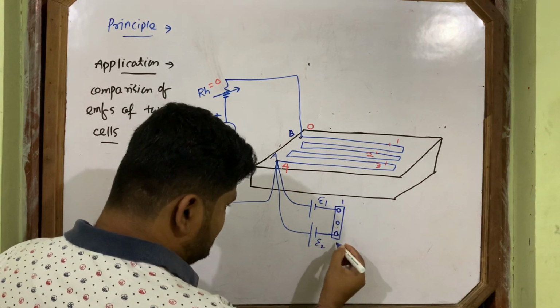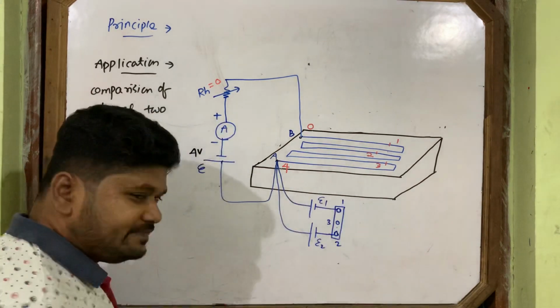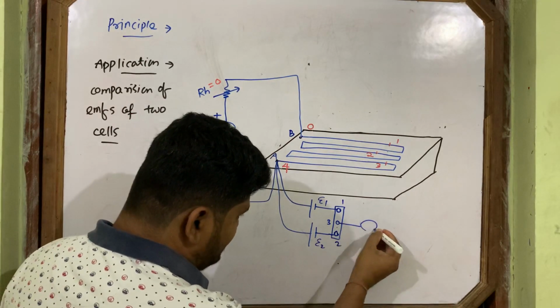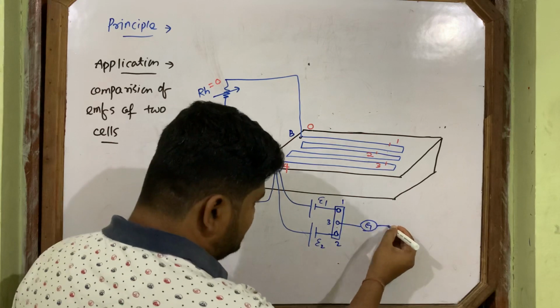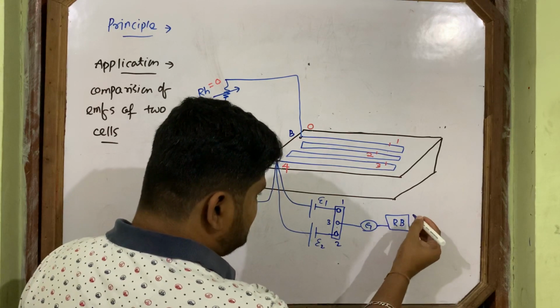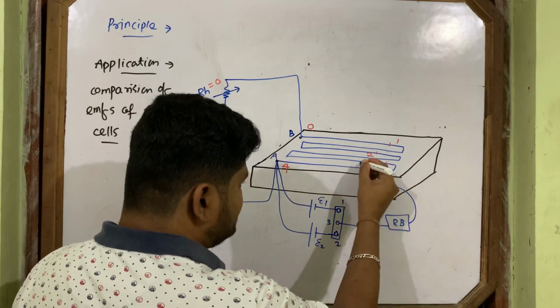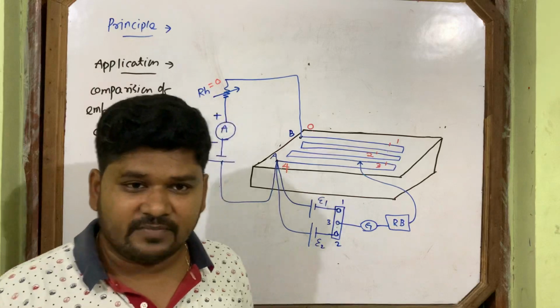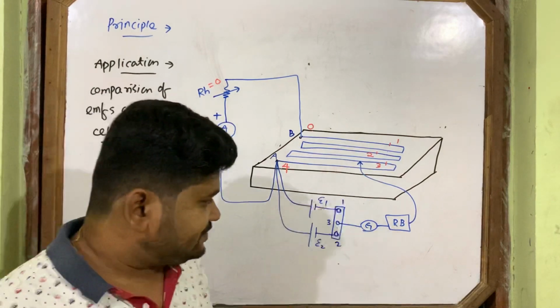This one I am writing 1, this 2, this one 3. From the third one you connect a galvanometer to check the flow of current, one resistance box, then a jockey. I have already told you about the jockey in the previous class. So this is the jockey.